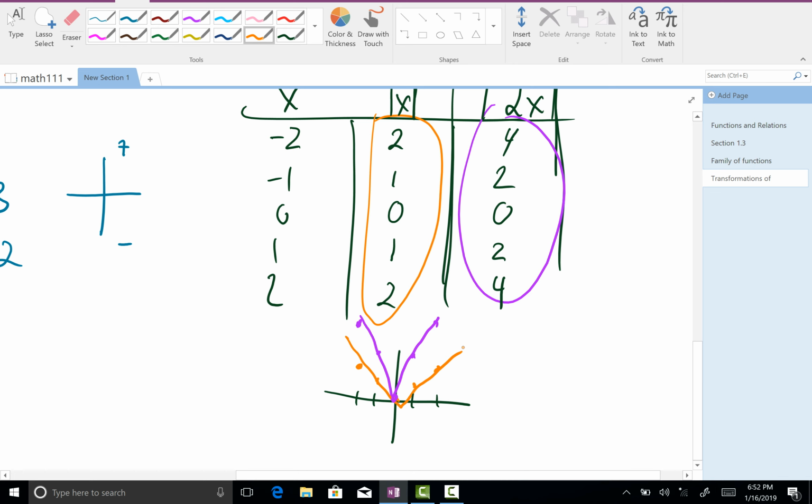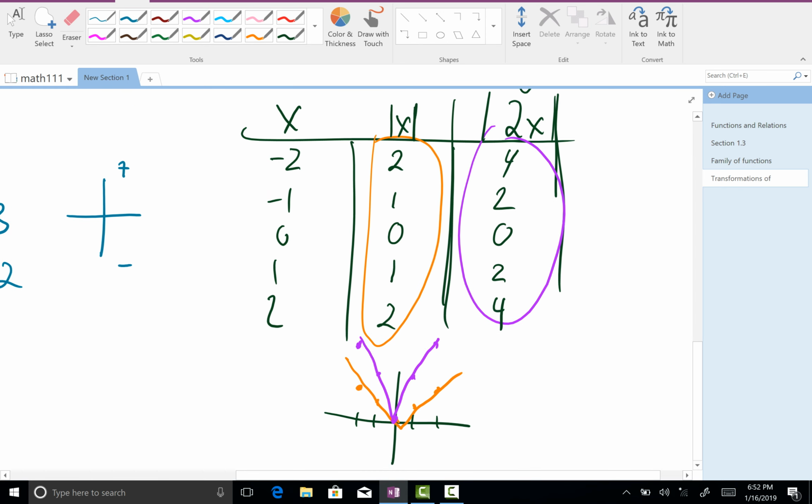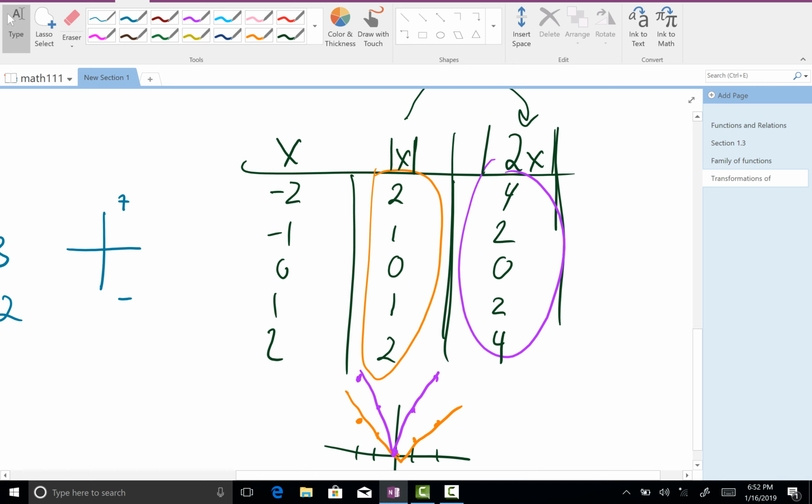So what does it look like it's doing? Stretching, huh? It looks like the same as A, right? Okay, but it's not. So, to show you better what it's doing, I want to show you this kind of graph.